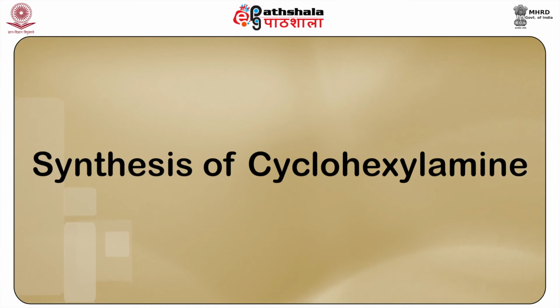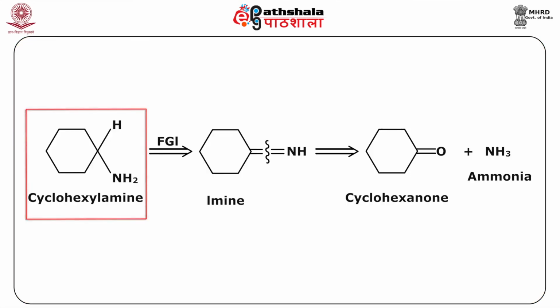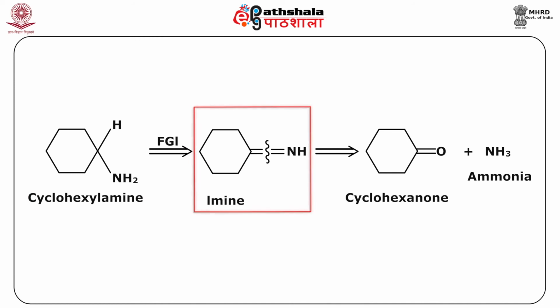Let us look into the synthesis of cyclohexylamine. The retrosynthetic analysis of cyclohexylamine is given in the figure. The functional group interconversion on cyclohexylamine gives the corresponding imine, as shown here by the cleavage of the corresponding amine.